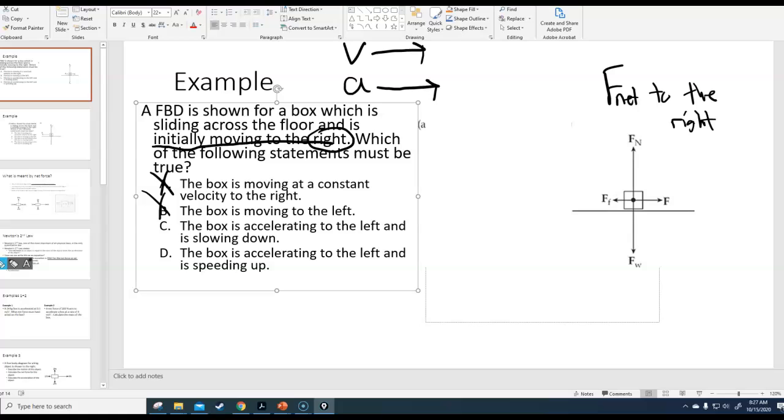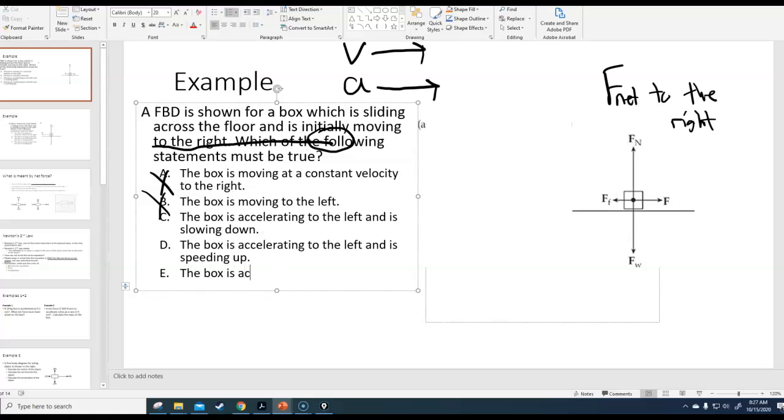What should the correct answer actually be? Well, the box is accelerating to the right, and the reason I know that is only based off of the FBD. The force to the right is longer than the force to the left. That means the net force is acting to the right. That means the acceleration is to the right. So the statement the box is accelerating to the right is only based on the free body diagram.